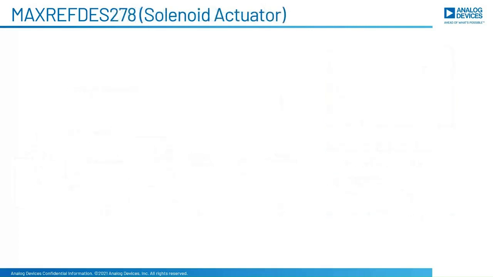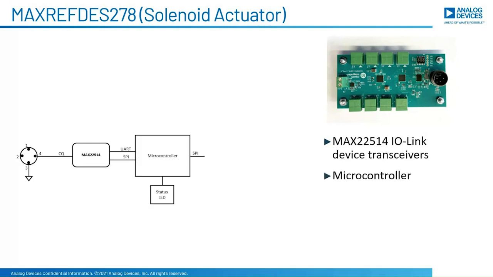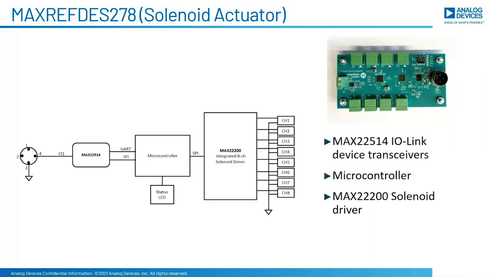Another slave device is MAXREFDES278, an IO-Link 8-channel solenoid actuator based on the MAX22514 IO-Link transceiver. It has a low power microcontroller for interfacing MAX22514 to MAX22200. MAX22200 is an octal integrated serial controlled solenoid driver.